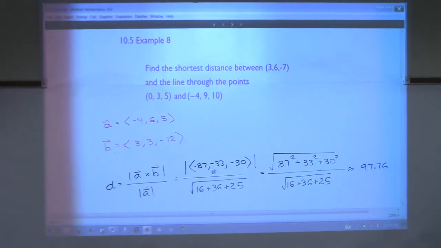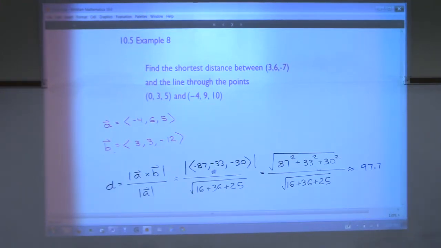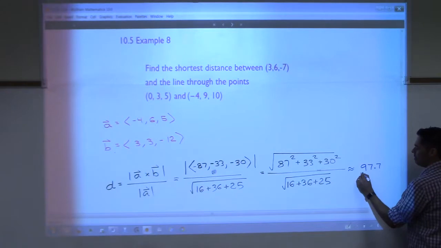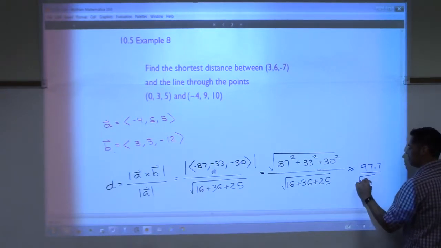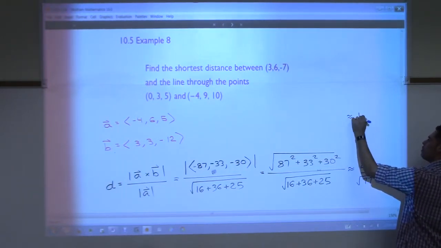Like 97.77. That's right. What I ended up getting was that, but I only did that for the top, so I divided by the square root of 77 on the bottom. So this is without the square root of 77 on the bottom yet? Yeah. Oh, okay. So this is over root 77 still? Okay. And then that is equal to 11.14.